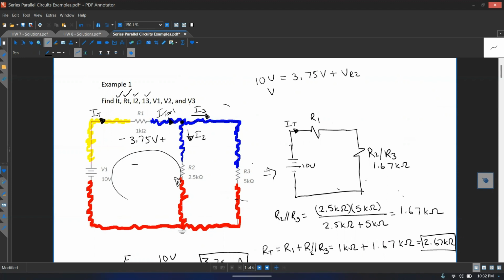And to solve for VR2, you just solve for it algebraically, which equals 6.25 volts.